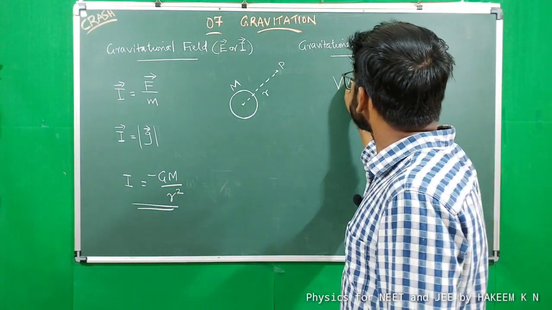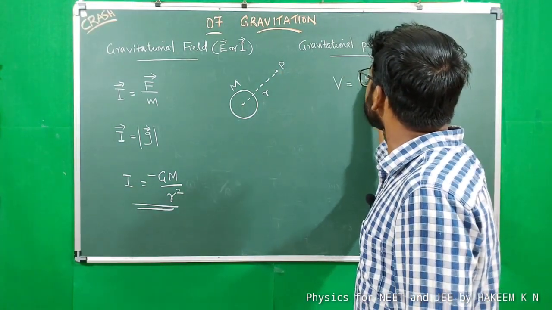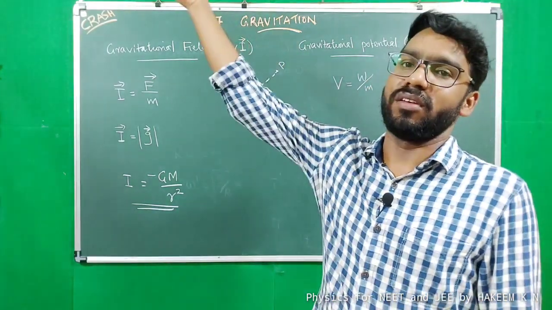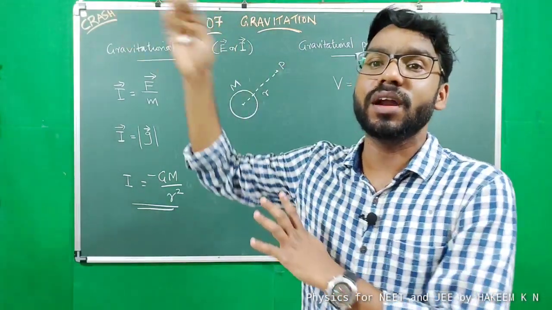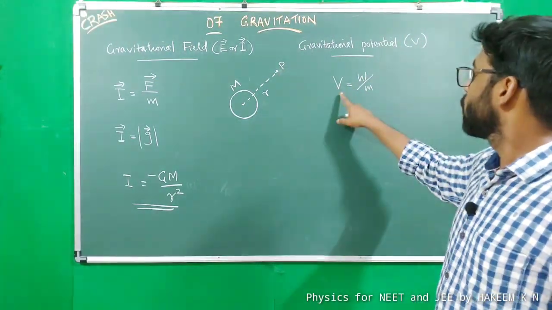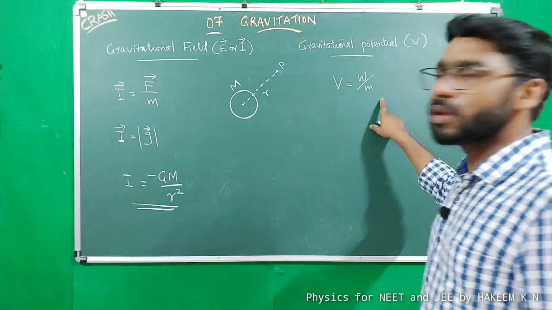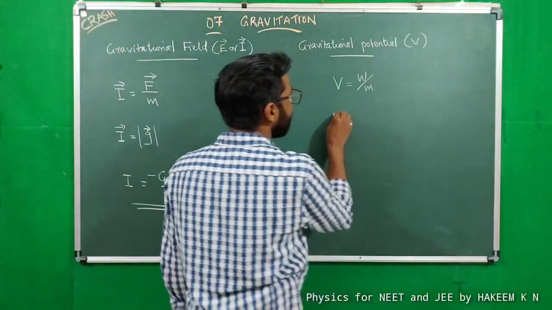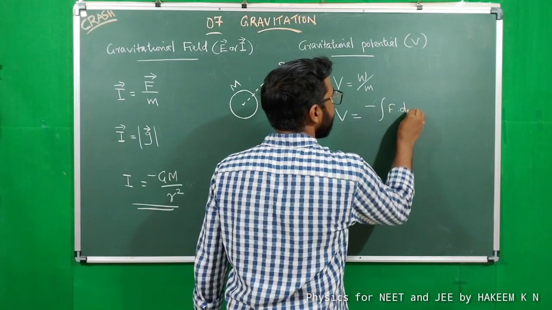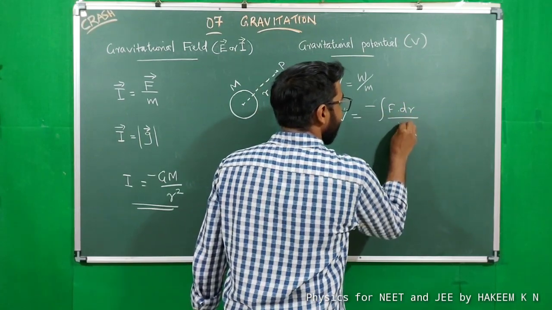Gravitational potential is work done per unit mass. Work done to bring a unit mass from infinity, that means from outside the gravitational field, to the point P. V equals work done per unit mass, and for work done we can use the equation minus integral F dot dr by m.